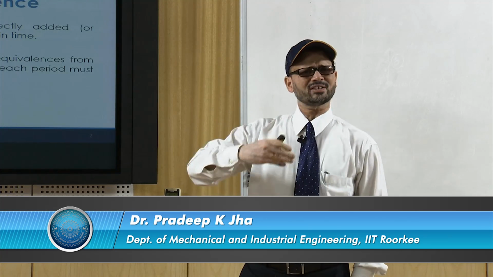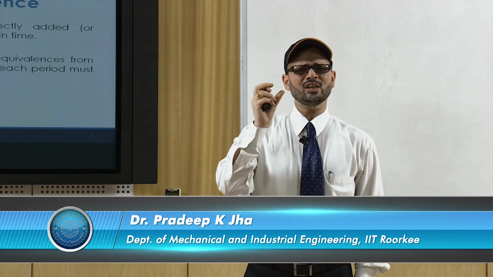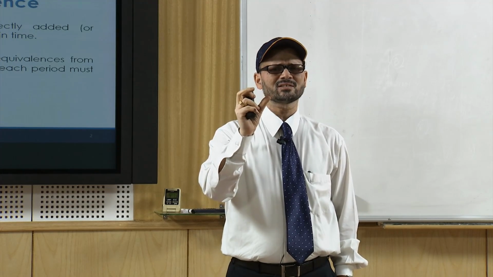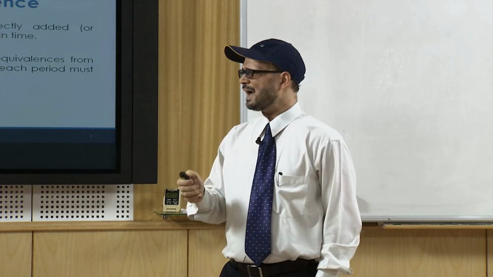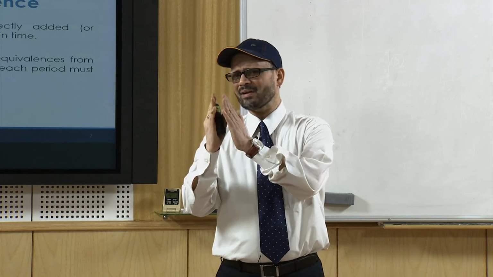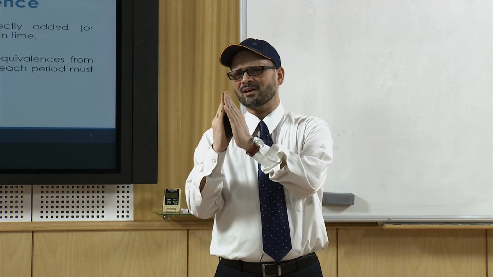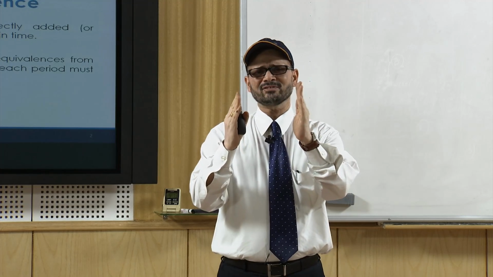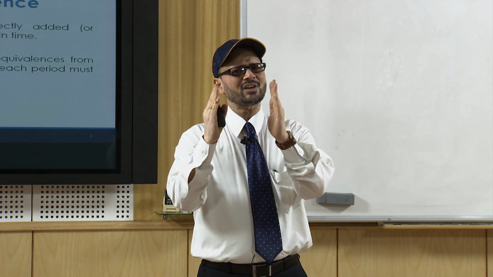Now, when the interest rates are changing, you will have to find the equivalence, and at that time you will have to keep in mind that the equivalent values can be converted to a particular time only when the interest rate in that time period is fixed.